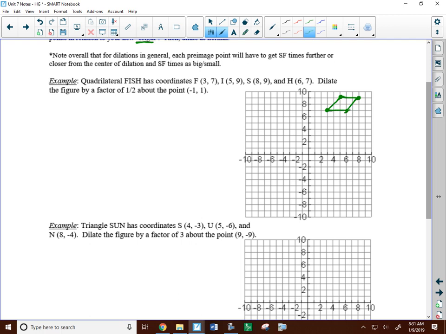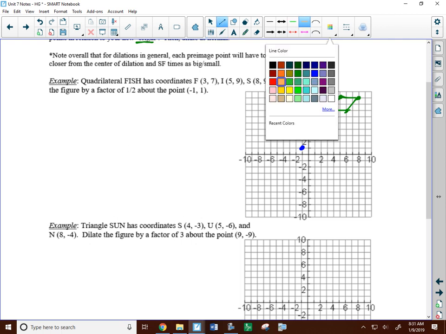So we're going to dilate the figure by one half, since it gets smaller, around negative 1, 1. Okay, so option 1 is just to redraw some new axes.